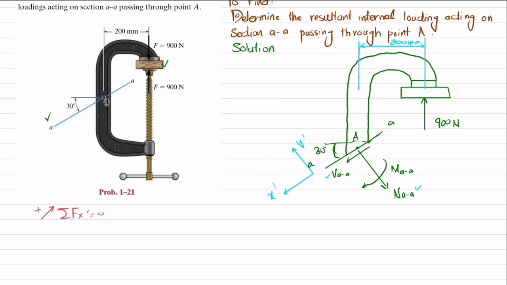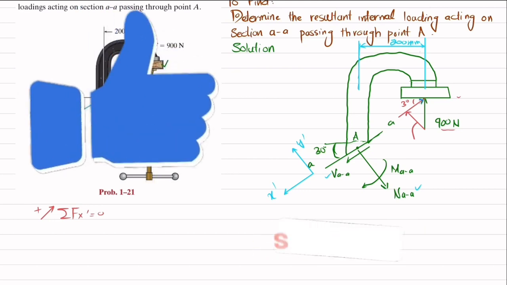So you can see this is the 900 Newton force that acts perpendicular to this surface. So if I draw a line that is at 30 degrees with the horizontal, this 900 will have two components. One is this component, and the second one is this component.